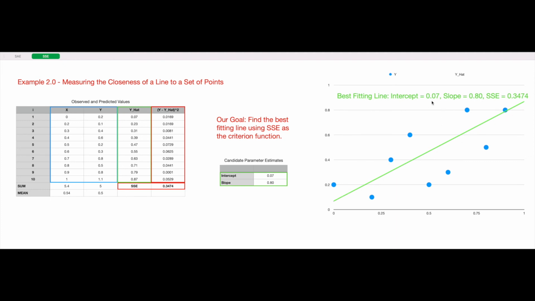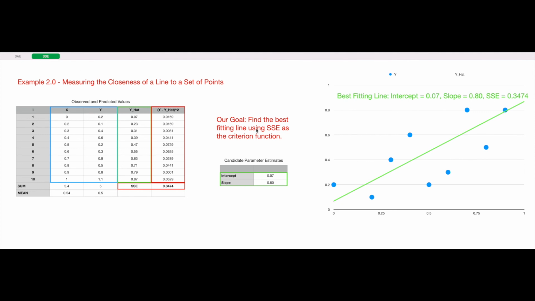An intercept of 0.07, a slope of 0.8, and that gives us a value of the SSE of 0.3474. And that is the minimum value that we were able to find by searching lines using our visual fitting technique, where we're tweaking the two beta parameters in the model.